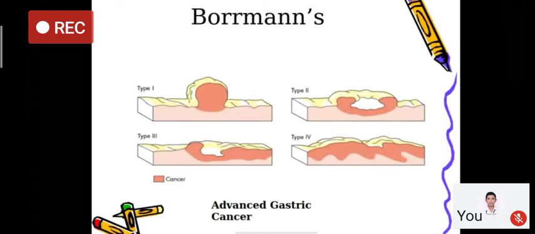Linitis plastica is when the disease has involved all the stomach layers, mucosa looks normal but muscles have been infiltrated, the size of the stomach starts decreasing. The stomach is not in fact able to dilate, and that's why on endoscopy we will not be able to see anything, but the stomach will be non-distensible.